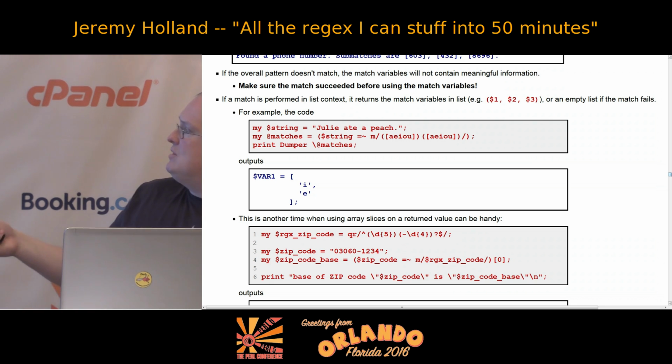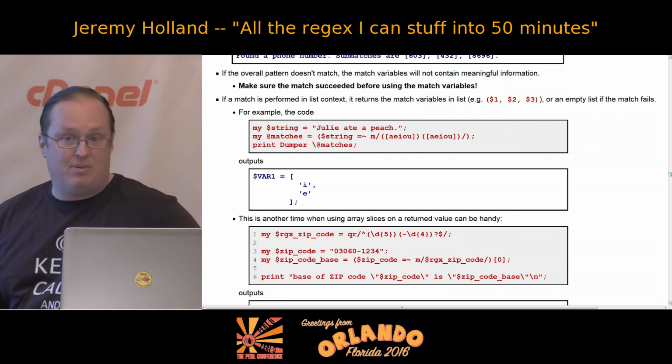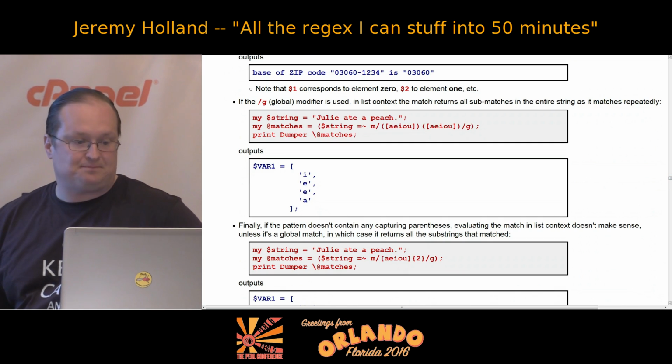And this is a great time to use array slices. If you need to get one or more of these values out, you can pick them out of that list that it returns.